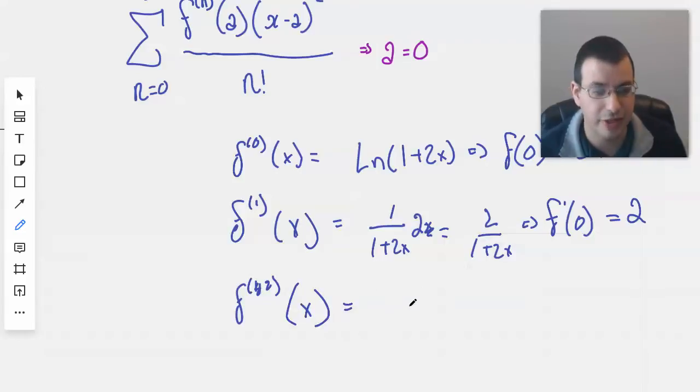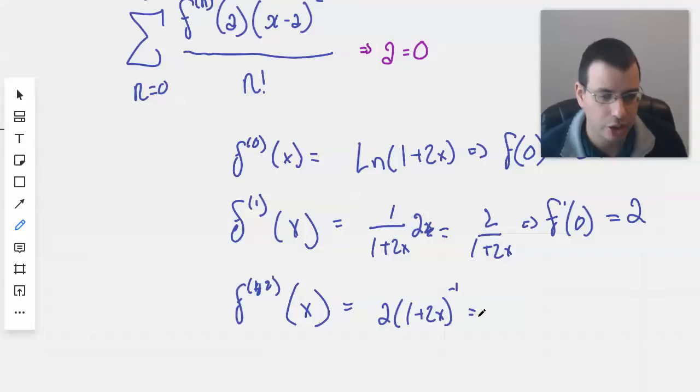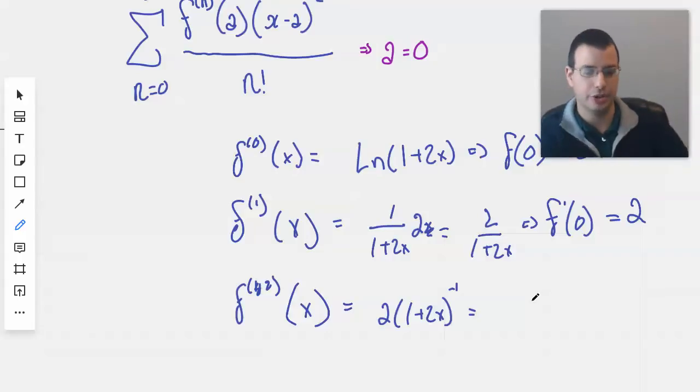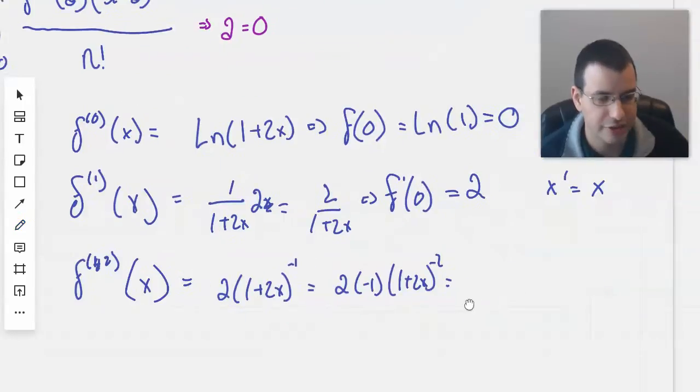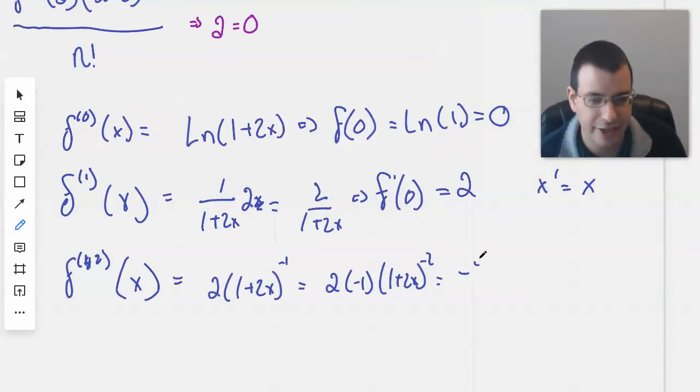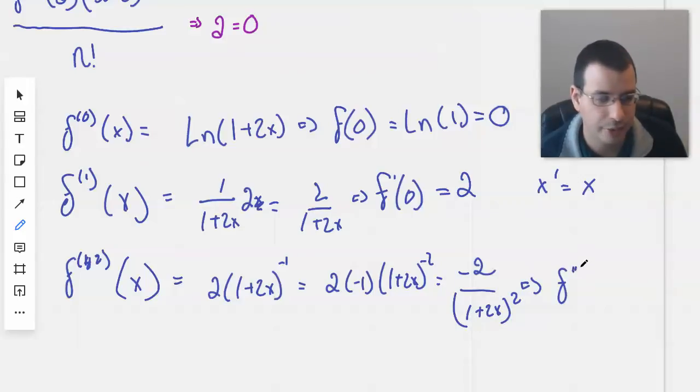So we'll take the derivative of this, which is 2 times 1 plus 2x to the minus 1, and we'll do the power rule here. So we'll do 2 times negative 1 times 1 plus 2x to the negative 2, which then gives us negative 2 over 1 plus 2x squared. f double prime of 0, I know I used 2 over here and double prime here.